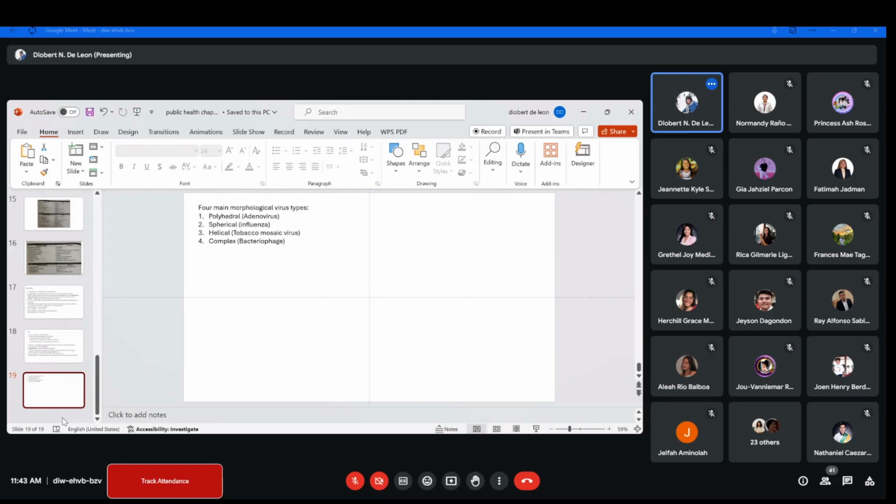And what else? I think that's all. So please study chapters 4 and 5 up to the different approaches of the management or prevention and control of communicable diseases, which includes the primary prevention.